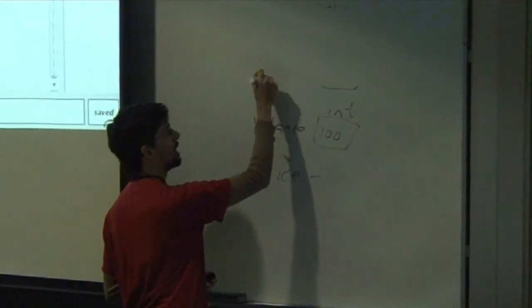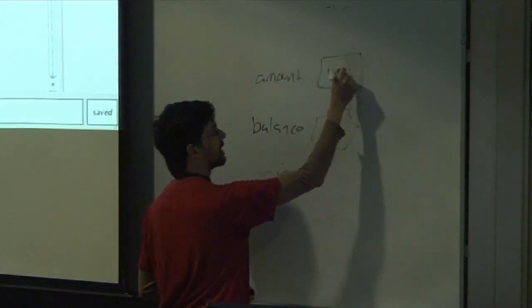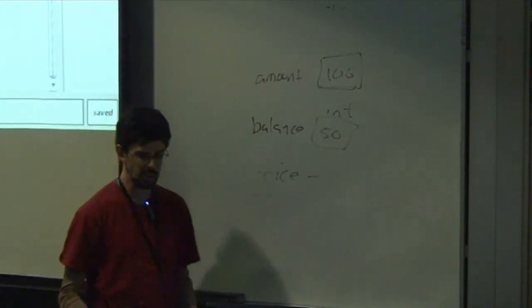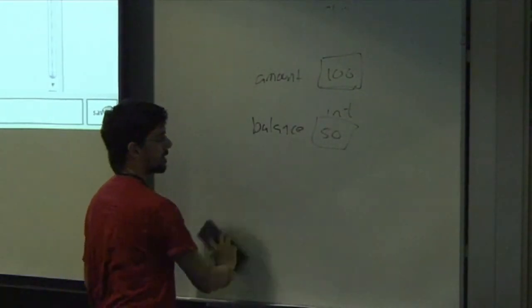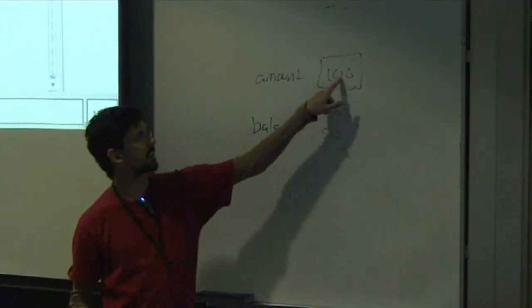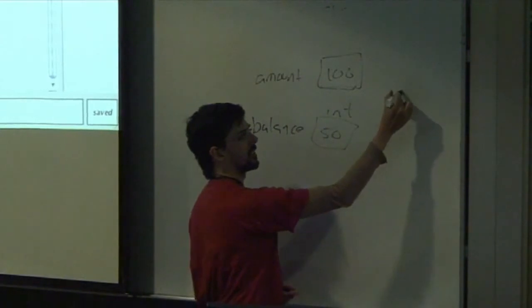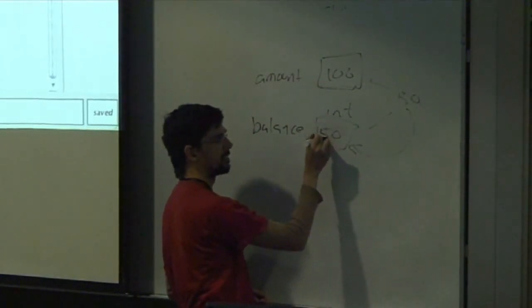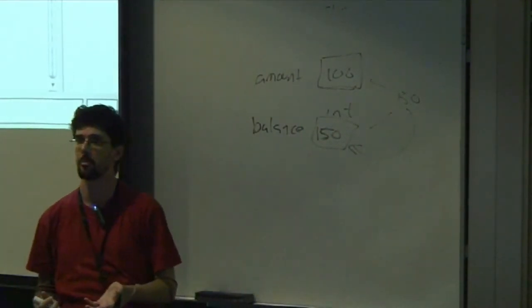We have this box marked amount. That one has 100. That one has 50. Now what we do is say, okay, take the value out of balance, that's 50. Take the value out of amount, that's 100. Add them together, that's 150. And then we stick that value back in there and make that 150. So that's what that assignment statement is doing.